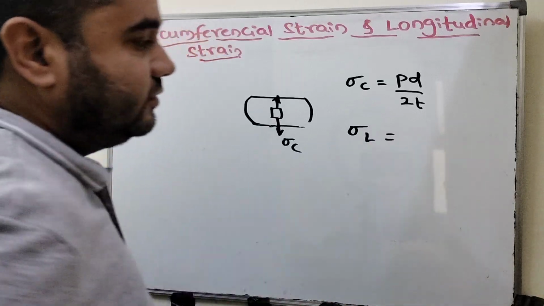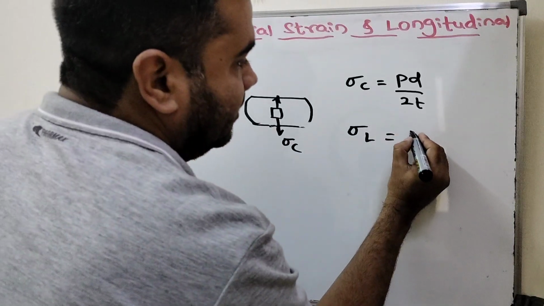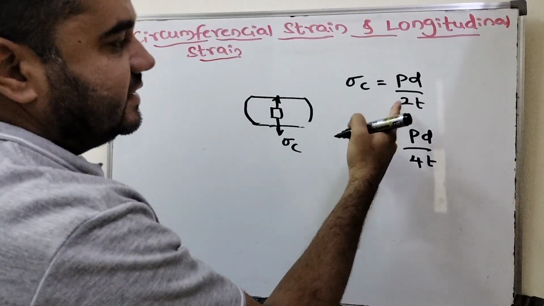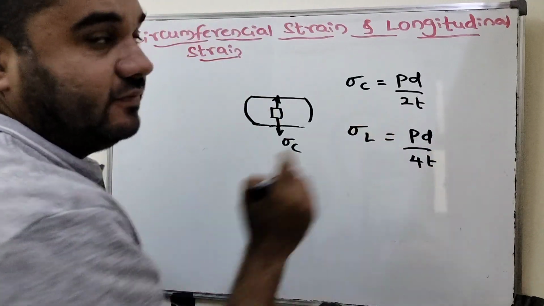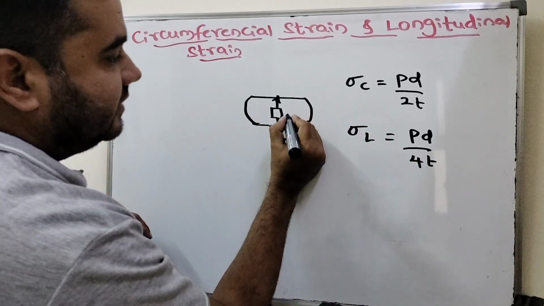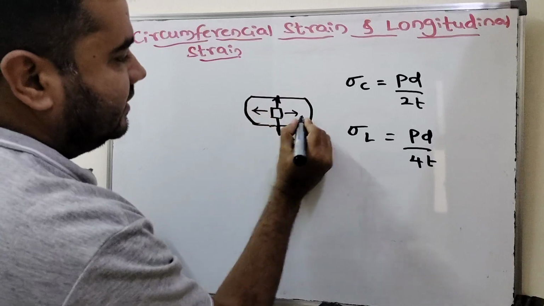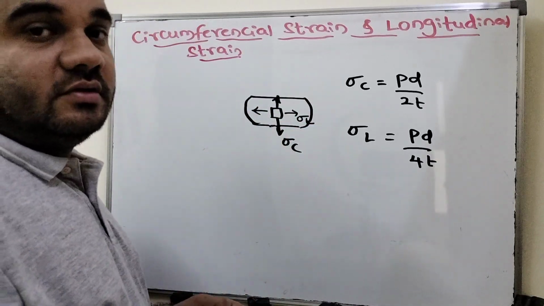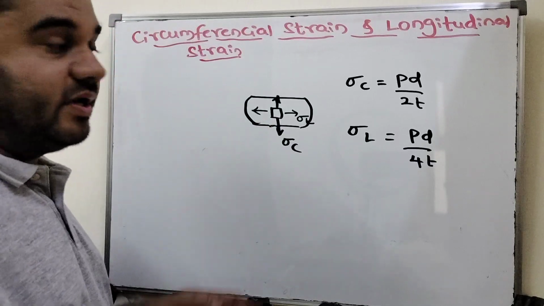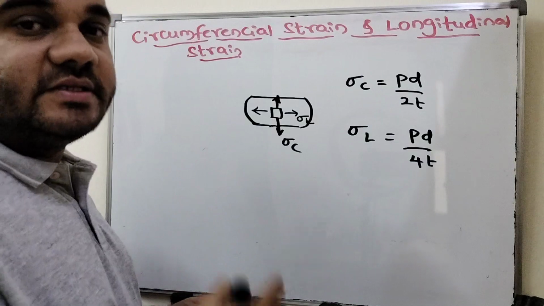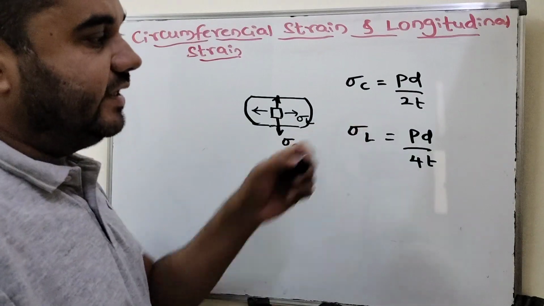Longitudinal stress is PD divided by 4T. The only difference is that here 2 is there, here 4 is there. The longitudinal stress acts along the length of the cylinder, that is sigma L. So because of the internal pressure, these two types of stresses develop inside the cylinder, and that we derived.